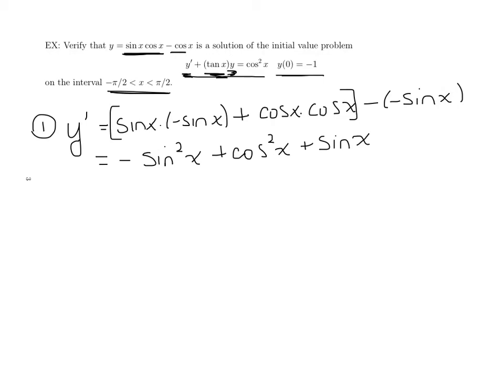So we know our derivative, we know we have tangent x, and we have a y, and our goal is to show that it's equal to cosine squared of x. So we're going to start with one side of the equation, and we're going to get the other side. And our goal is to get that other side.